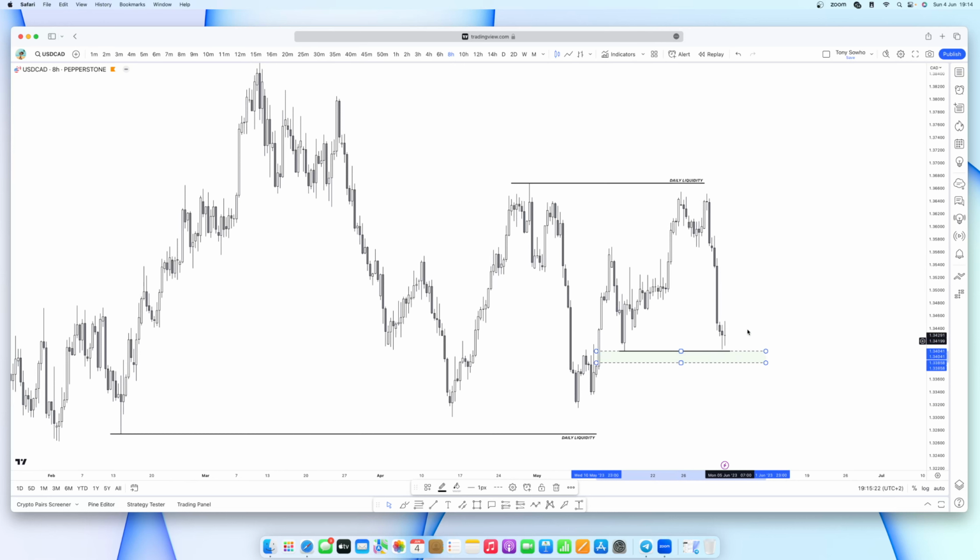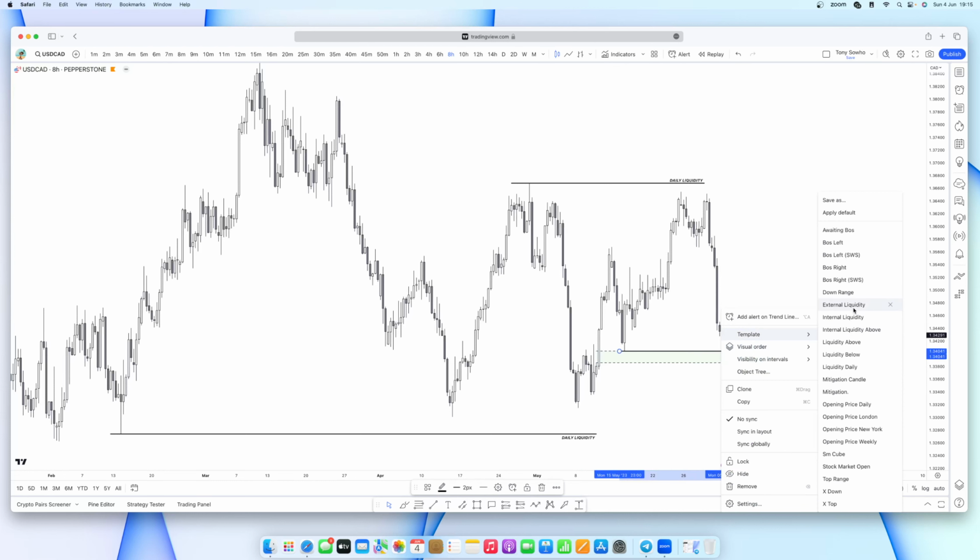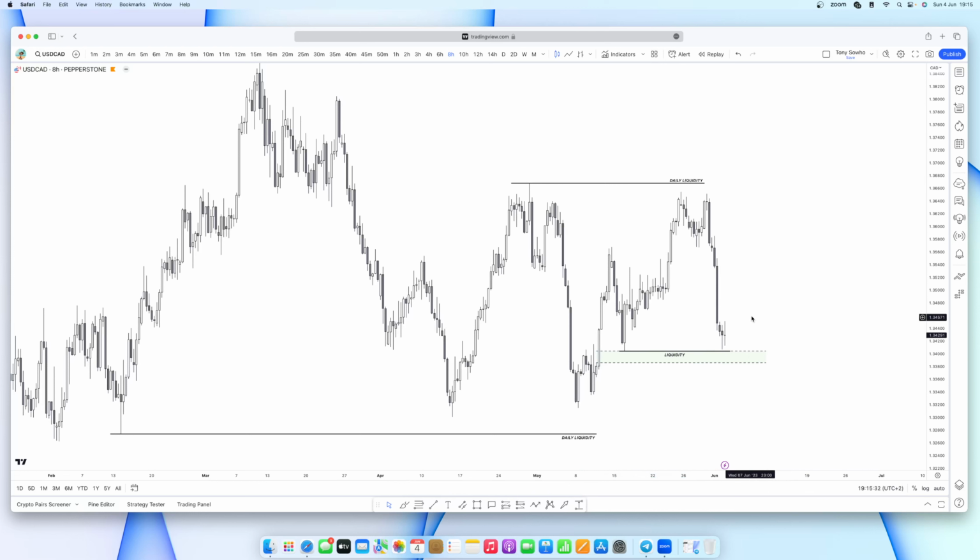So what we can expect is a move down. This internal liquidity, this liquidity here, this liquidity below is going to get taken out, and then maybe some higher pricing. So maybe push down into this area.